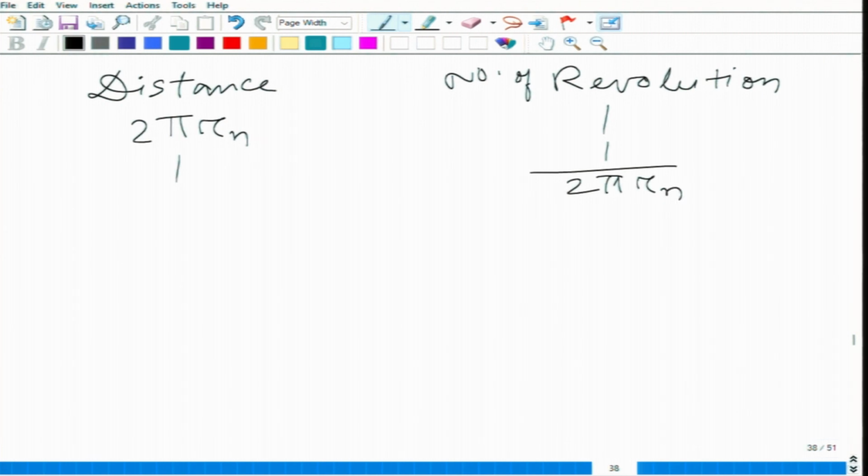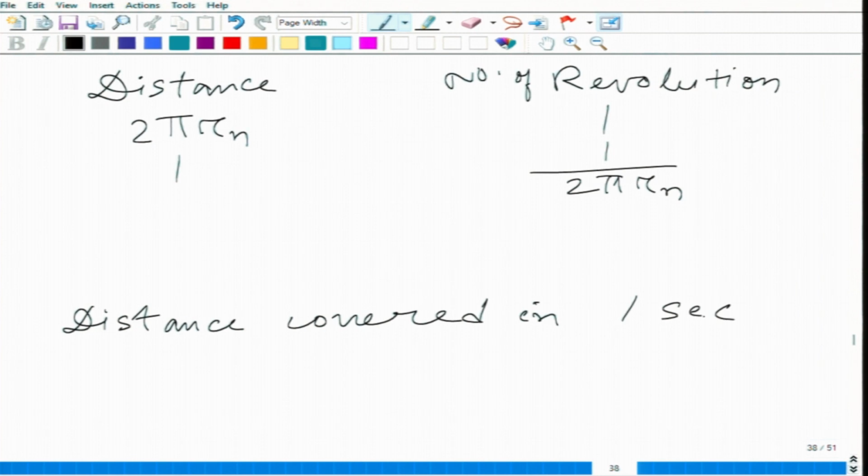Now, what is the distance covered in unit time? Distance covered in 1 second is equal to velocity, right?